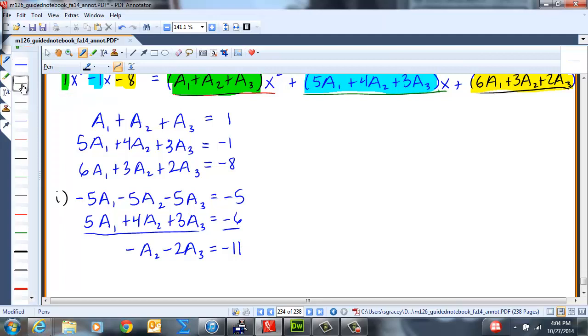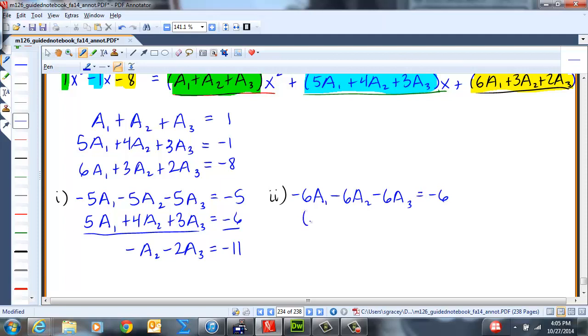And we're going to do another elimination of the a1 variable. So now I'll do the first and the third equations. I'll have to do negative 6 times the first equation. So we'll have negative 6a1 minus 6a2 minus 6a3 equals negative 6.